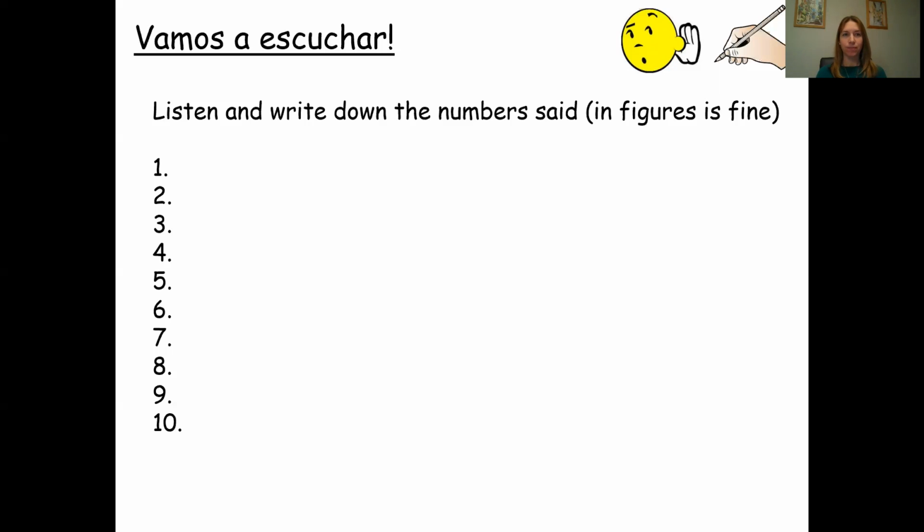Número 1. 86. Número 2. 100. Número 3. 45. Número 4. 23. Número 5. 18.